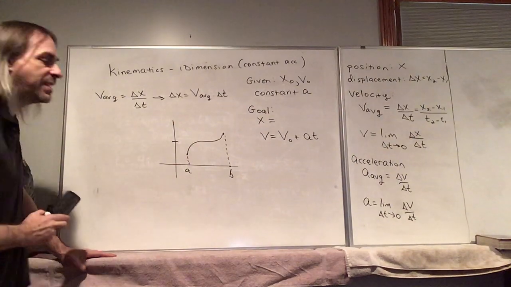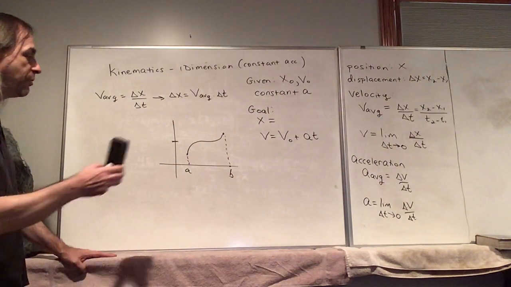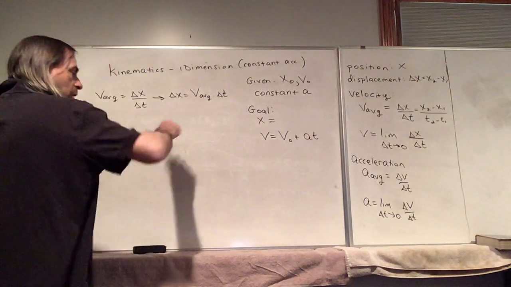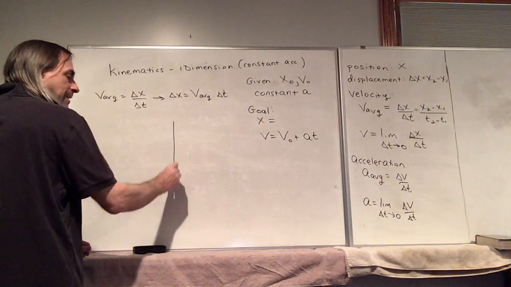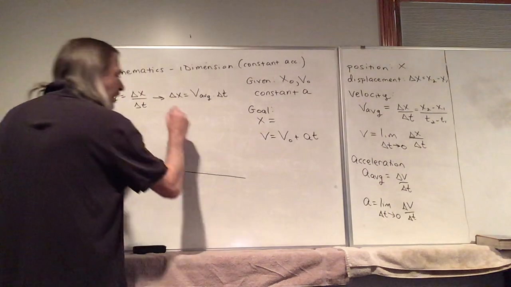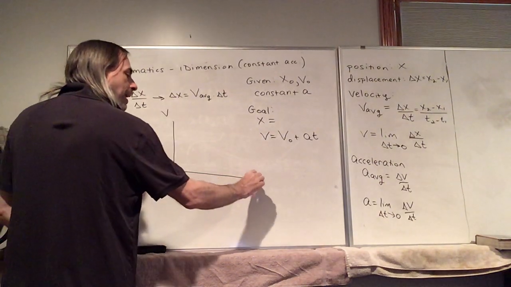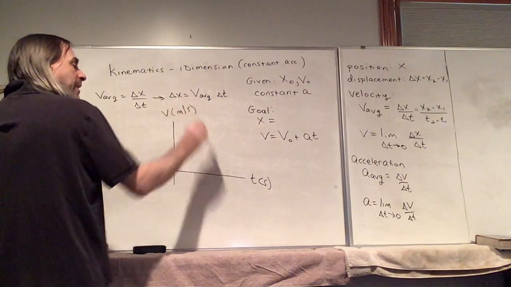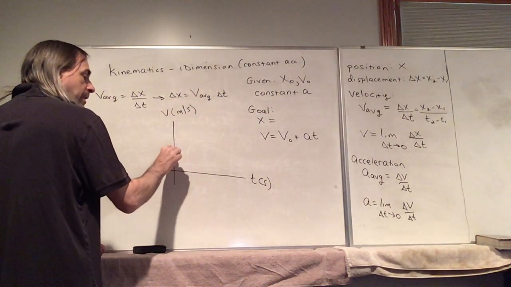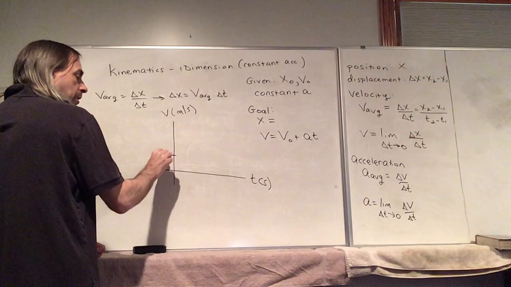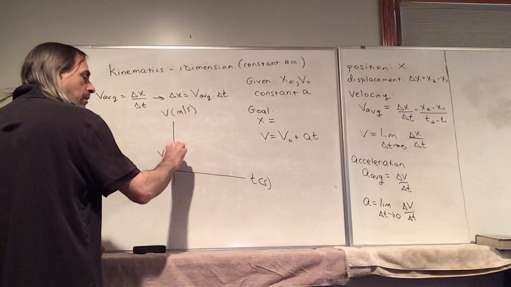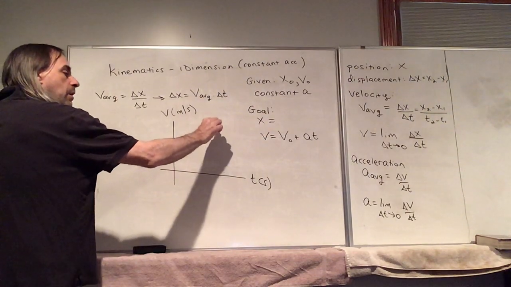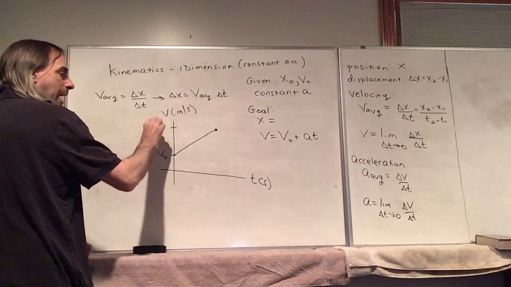because we're dealing with this case of a constant acceleration, and again, I'm just going to state this for now, we're going to show that we'll talk more in detail later. If we look at the velocity as a function of time, if you have a constant acceleration, let's say you start out with some initial velocity, and you have a constant acceleration, we're going to have a straight line.